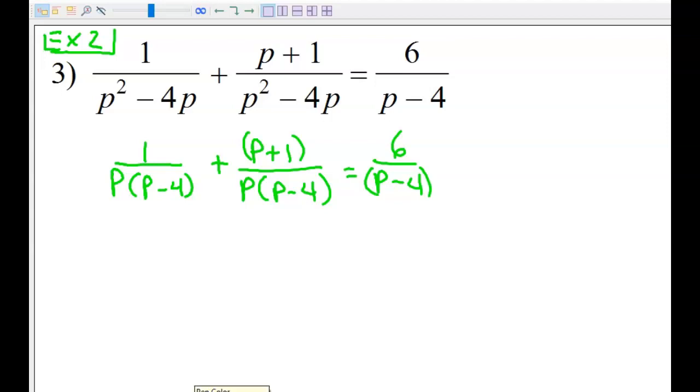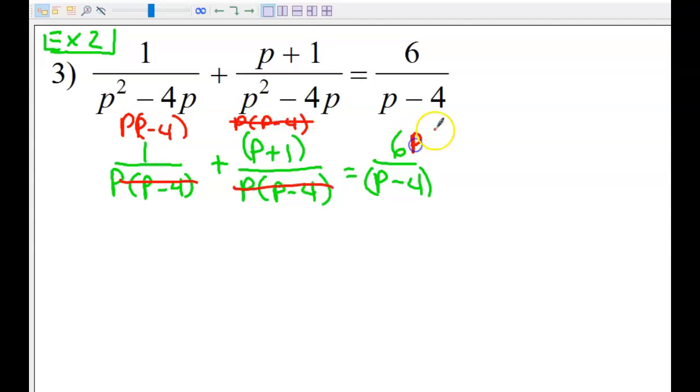So what should I multiply by to cancel out the most stuff? P minus 4 and P. So this whole thing, do that whole thing. Because if I multiply everything by that, it's going to cancel there. It's going to cancel here.